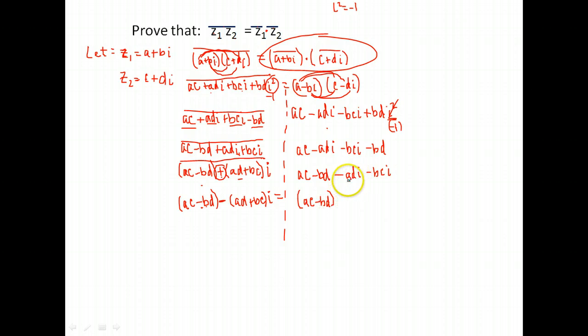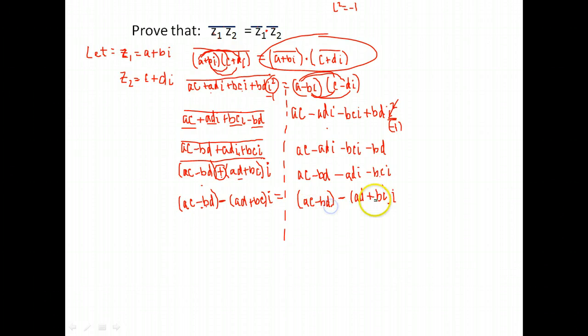For these, AD and BC, notice they're both negative, so I'm going to pull out a negative, which would make them positive AD and positive BC, and pull out an i over here. So I have exactly the same thing on both sides, AC minus BD minus AD plus BC times i, and over here, same thing.